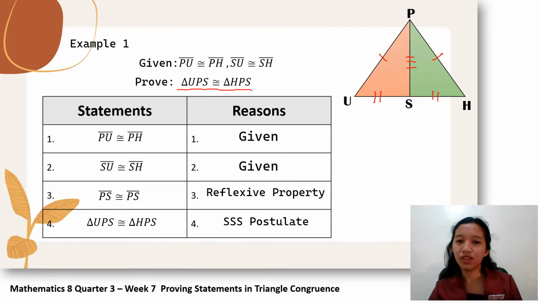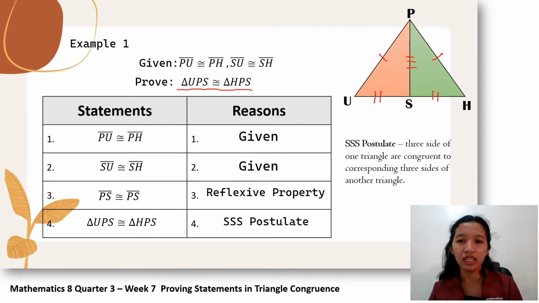So what must be our reason? SSS postulate. Because in our SSS postulate, the three sides of one triangle are congruent to the corresponding three sides of another triangle. So as you can see, it satisfies our reasons for our statements. And that's it. We proved that triangle UPS is congruent to triangle HPS.